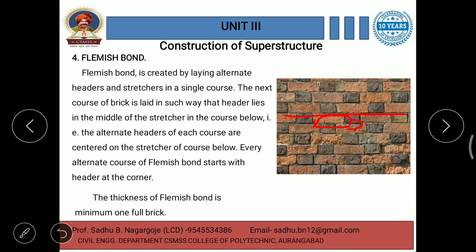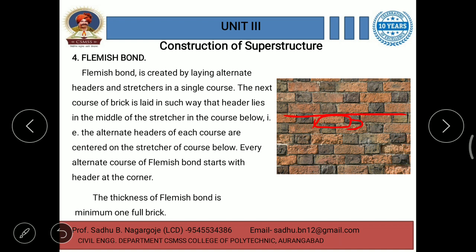Okay, and these stretchers and headers are provided alternately in a single course, and this type of brick masonry construction is under the Flemish bond. The next course of brick is laid in such a way that the headers lie in the middle of the stretcher in the course below. That is, the alternate headers of each course are centered on the center of the course below.